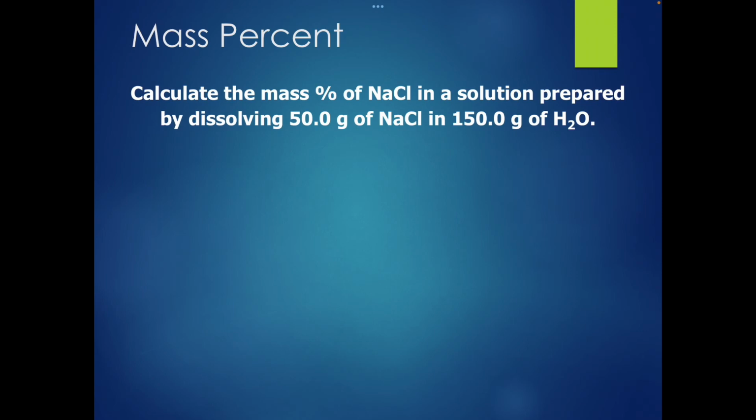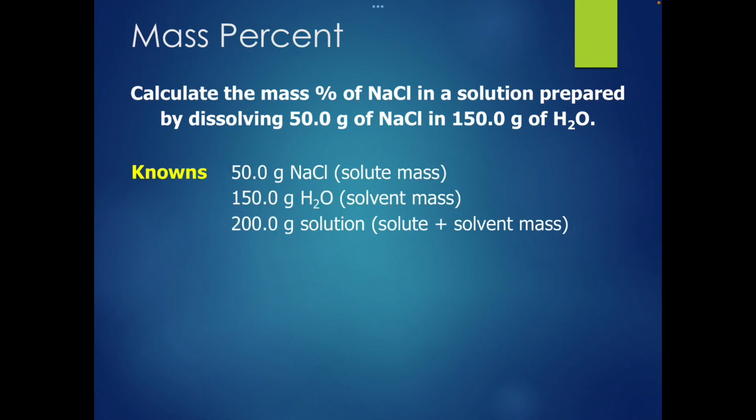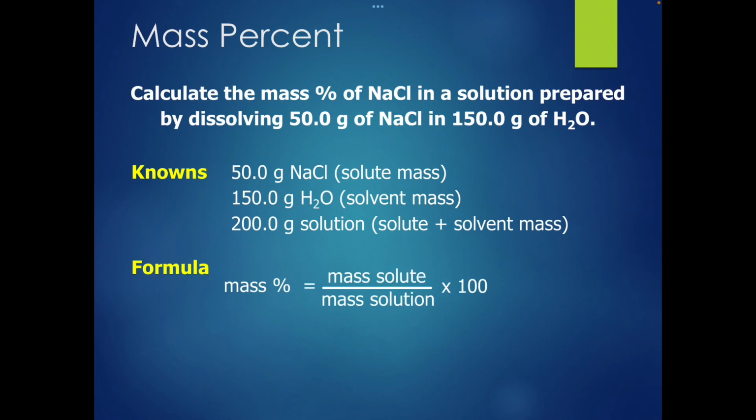So let's calculate mass percent. This one says calculate the mass percent of sodium chloride in a solution prepared by dissolving 50 grams of sodium chloride in 150 grams of water. As soon as you see that this is a mass percent problem, I would figure out what my formula is. My formula was that the mass percent is the mass of the solute divided by the mass of the solution times 100. Do you see that we have sodium chloride and water?